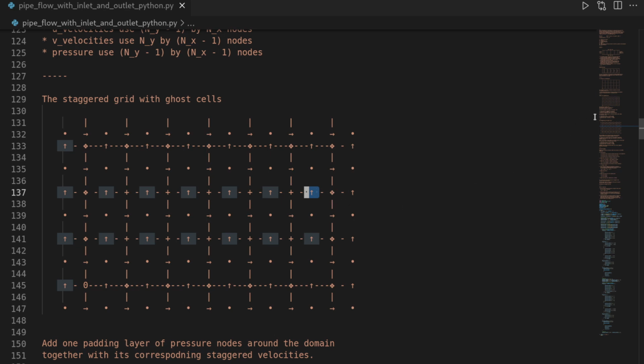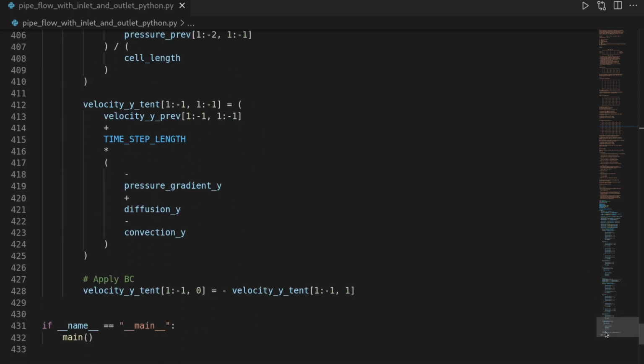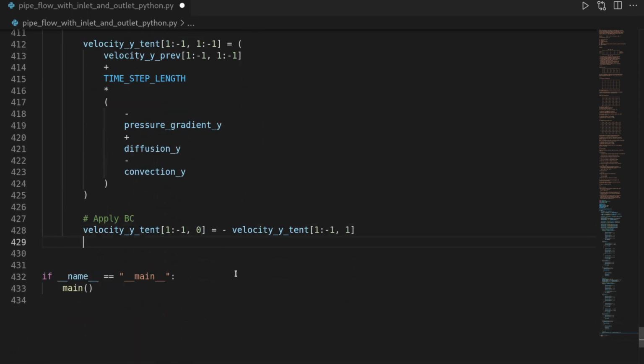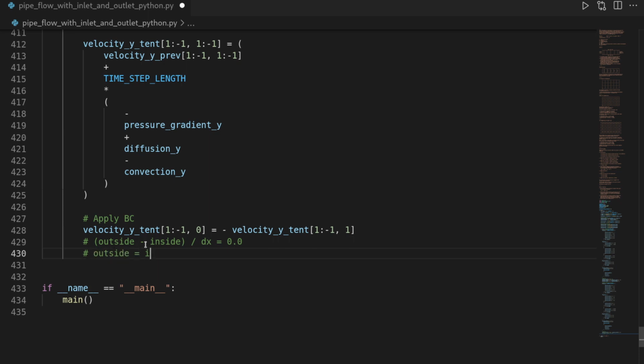And if we rearrange that, so let me go down here and do the math for you. By saying outside minus inside, like this, divided by dx is equal to 0. And then if we do some algebra magic, we can of course come up that the outside has to be equal to the inside.